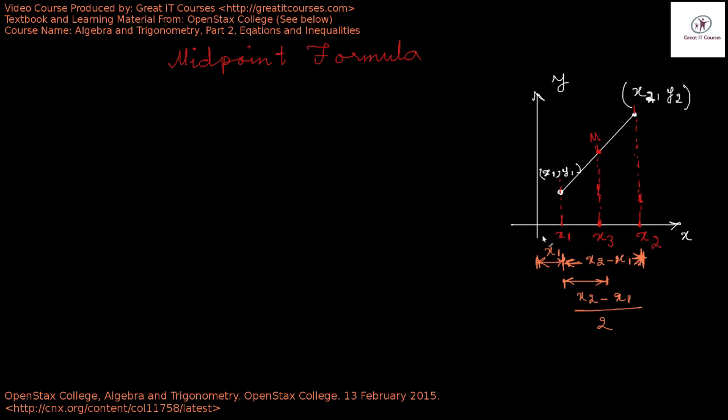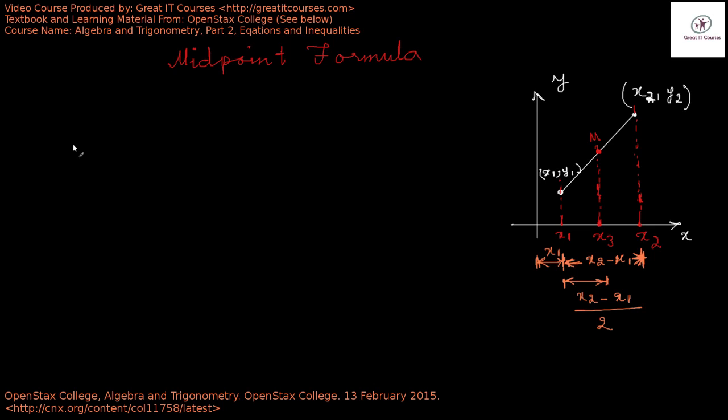So then the distance from the origin to x3 is basically the distance from origin to x1, which is basically x1. That's already okay. And the distance between x1 and x3 is this distance over here, which is x2 minus x1 whole divided by 2.